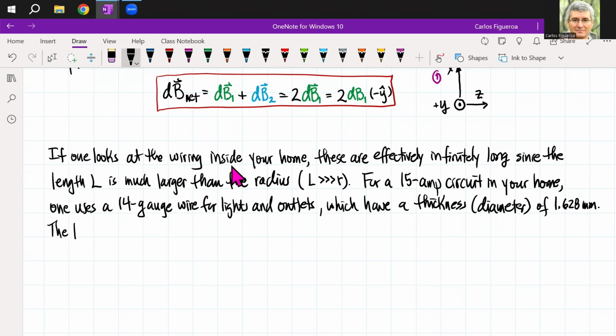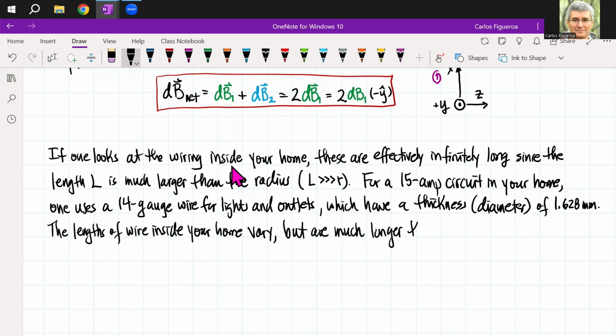The lengths of wire inside your home vary, but are much longer than the radius at almost any point.